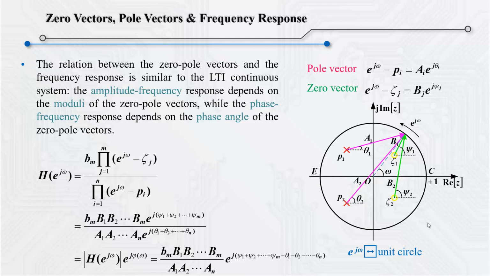We build zero vectors and pole vectors respectively for each zero and pole of the system function. Then, the amplitude frequency response of this system depends on the module of its zero and pole vectors, and the phase frequency response depends on the phase angles of its zero and pole vectors. Such a result is similar to a continuous LTI system.